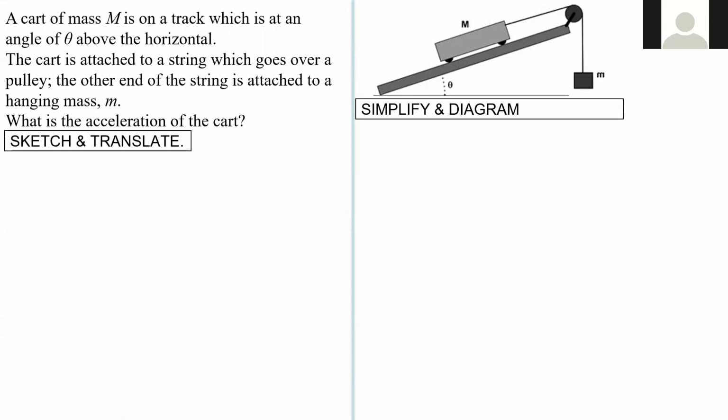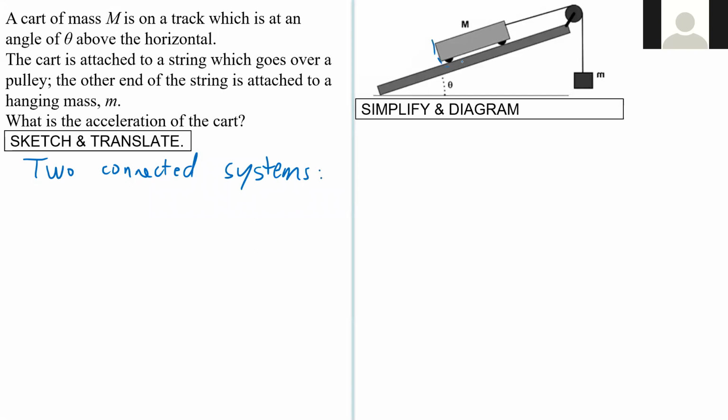Okay, so sketch and translate. In this case, rather than having one system, I think we have two connected systems. That's often the case when you have a tension for a string. It's between two different objects, right?